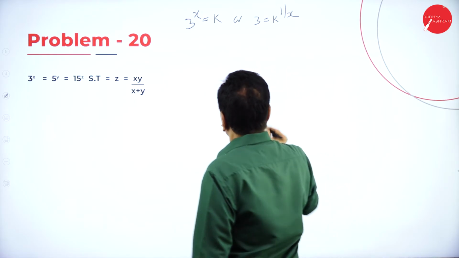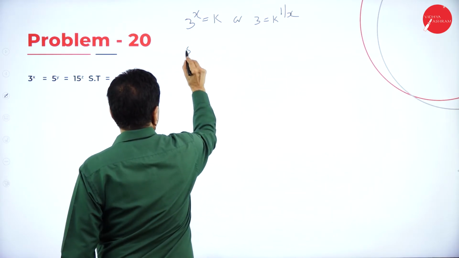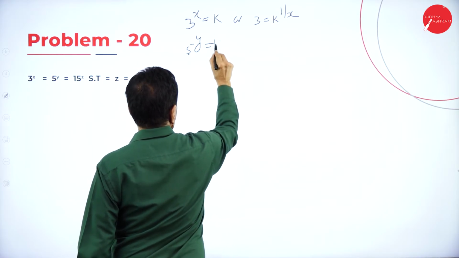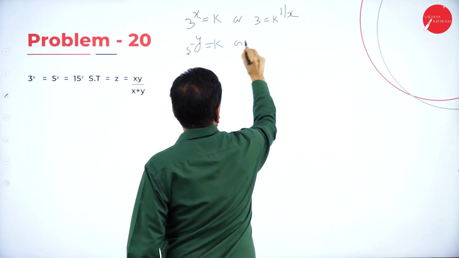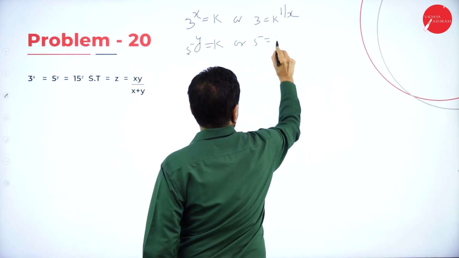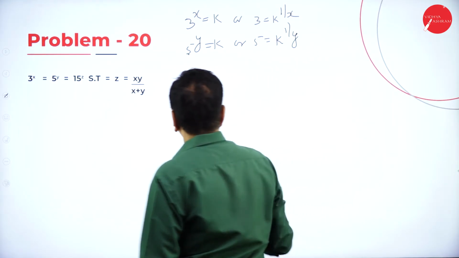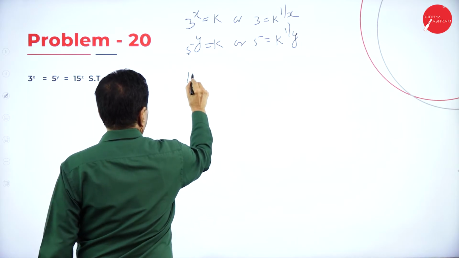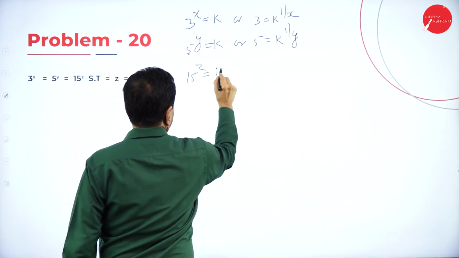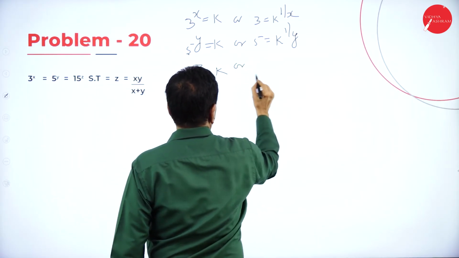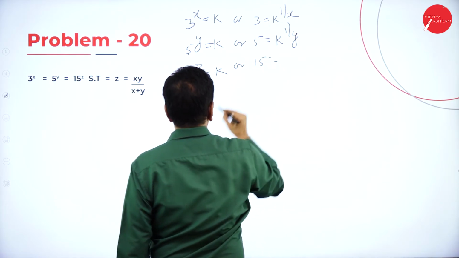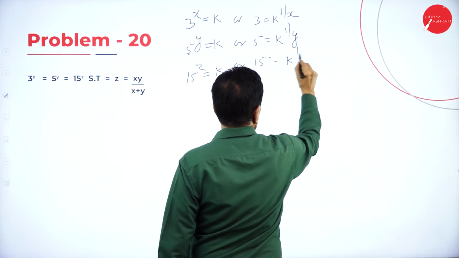Same thing, 5 to the power of y is equal to k, or 5 is equal to k to the power of 1 over y. Then 15 to the power of z is equal to k, or 15 is equal to k to the power of 1 over z.